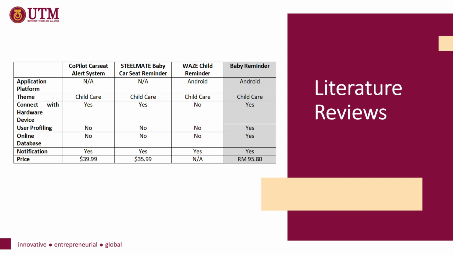I take a comparison from other products, that is co-pilot car seat alert system, still-made baby car seat reminder, and waist child reminder. Okay, this is the comparison with my proposed system.